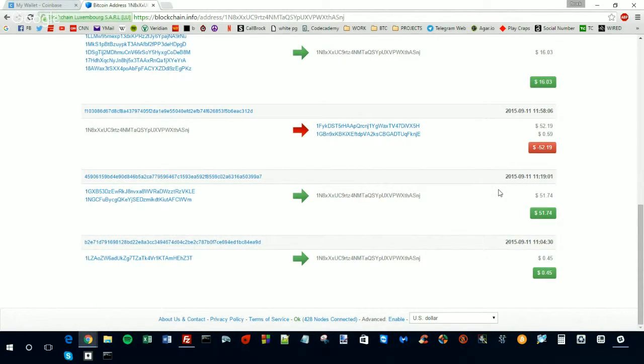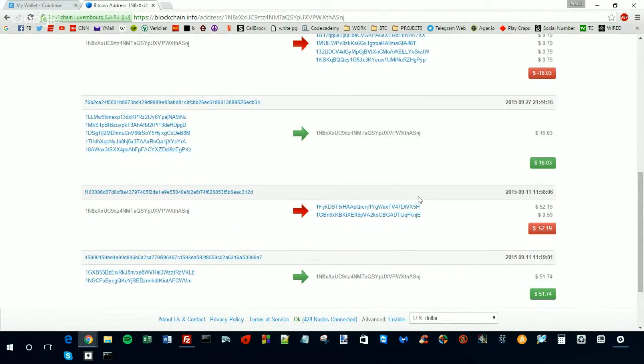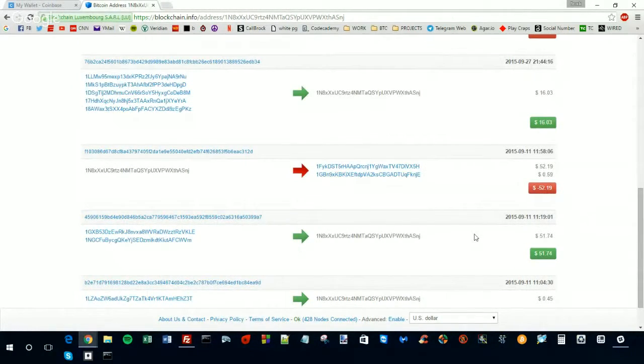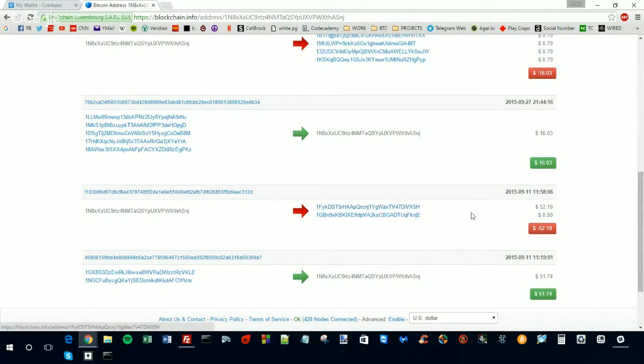So you can kind of step through it. On a certain day, this amount of money went from this wallet to this wallet. So then on that same day, actually, it would have been like half an hour later, it's automatically cleared out from that account, and it was sent to a new wallet.